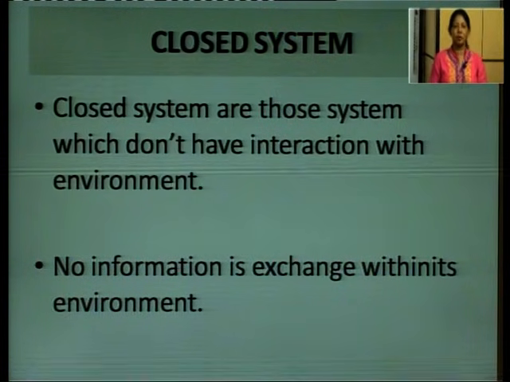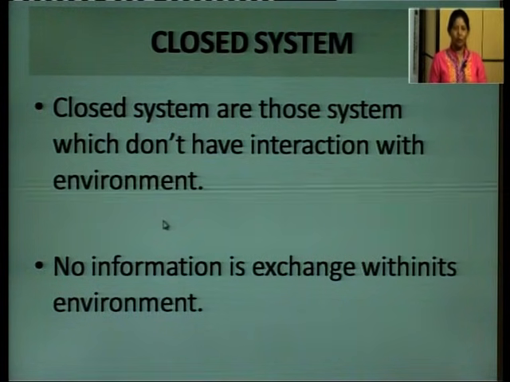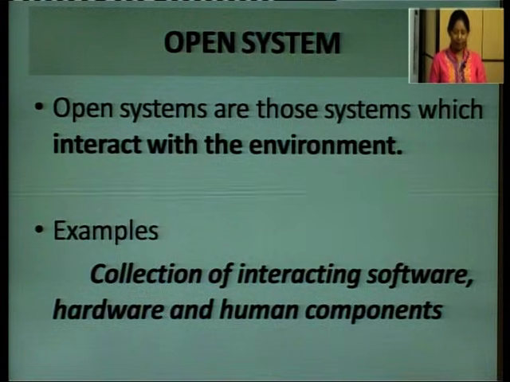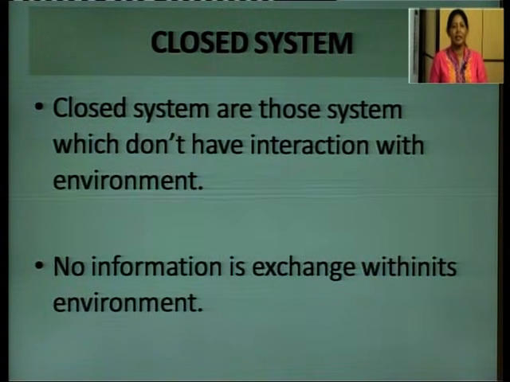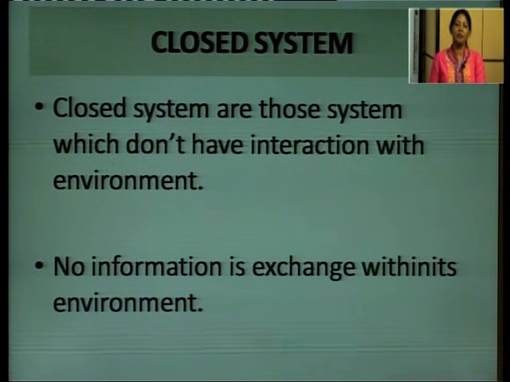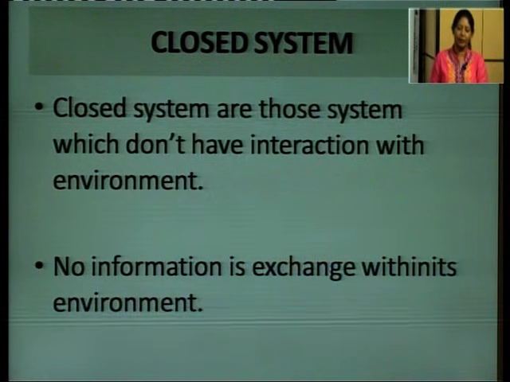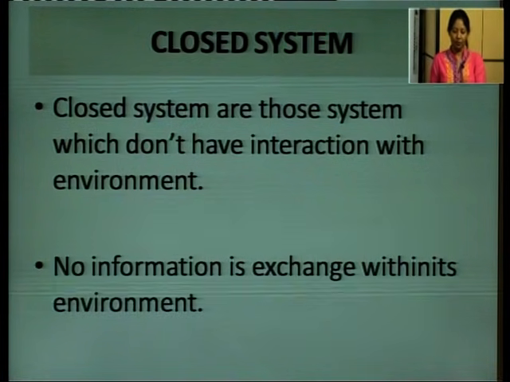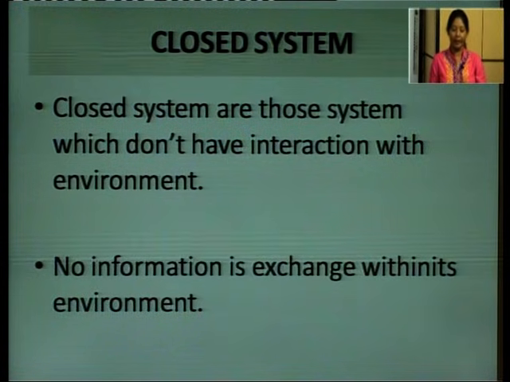So, closed systems are those systems which do not have interaction with the environment. Open systems interact with the environment, and closed systems do not; or you can say no information is exchanged with the environment, or they are not self adjusting and regulating.